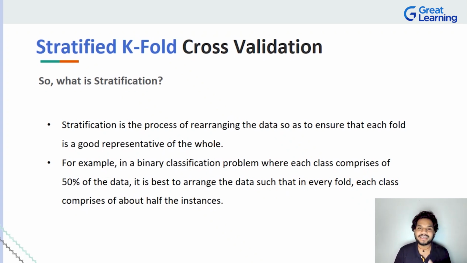This kind of arrangement, where we are removing the random bias completely, is exactly what we're doing here, right? So each class here will comprise half the instances through which it has to learn. Your learning is good, it will learn really well, and there's a very good chance that your model accuracy is going to go up and work really well as well, right?